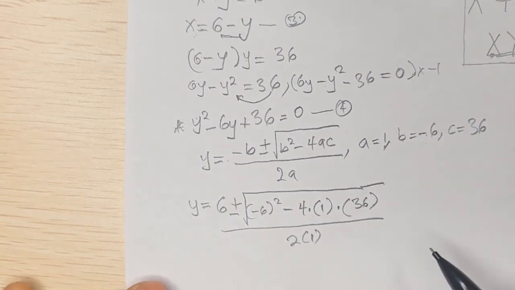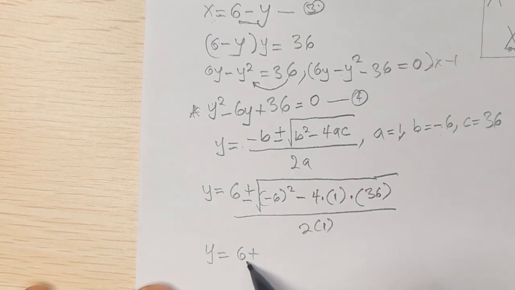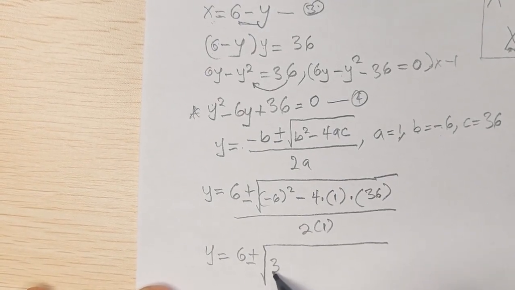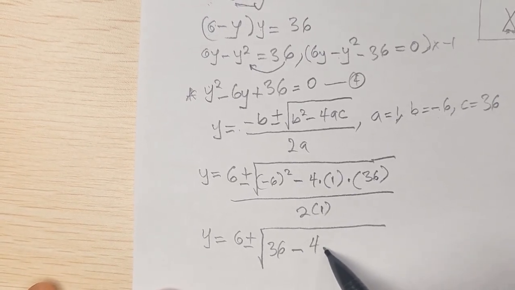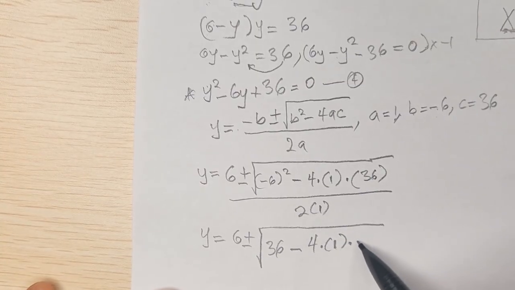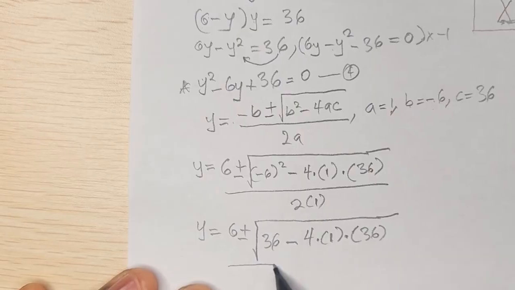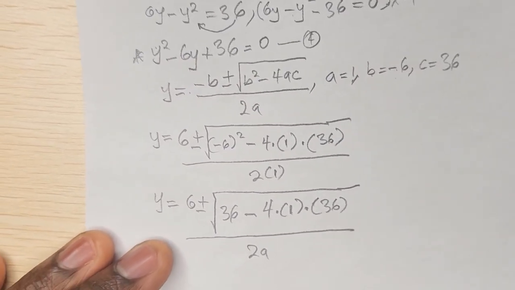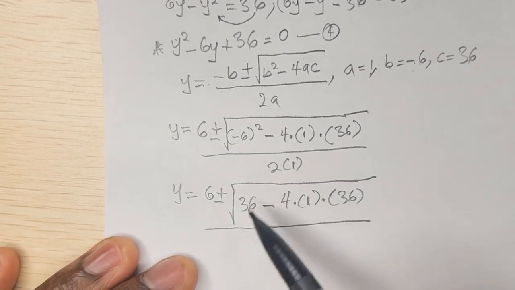Now y is equal to 6 plus or minus the root of 36 minus 4 times 1 times 36, divided by 2a. Now we can factor out 36 under the square root.